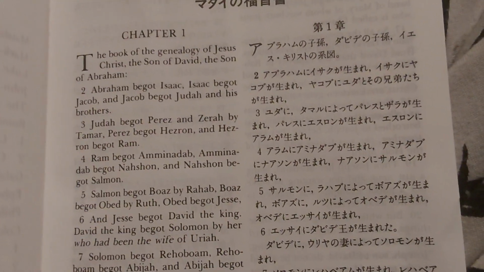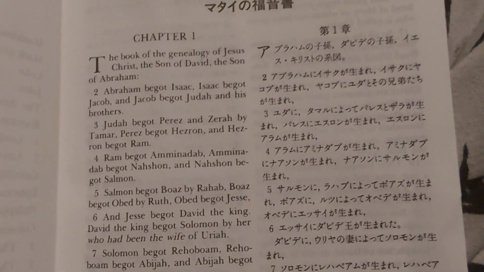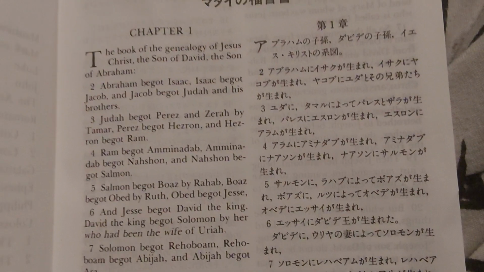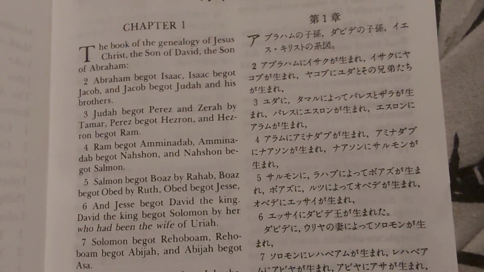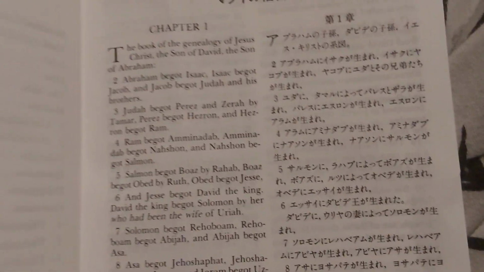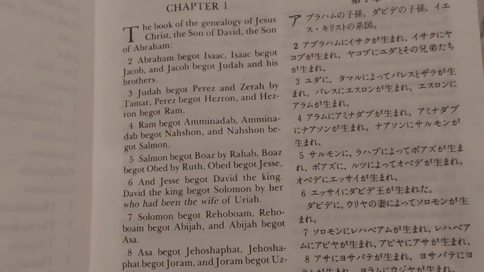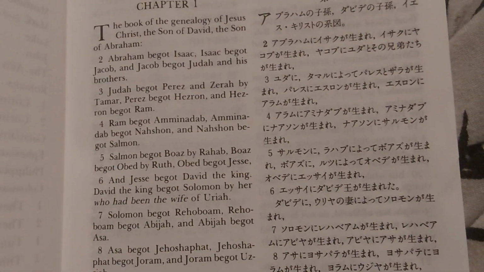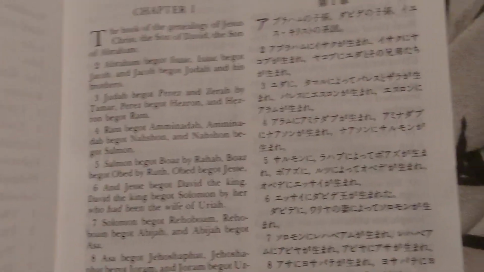Judah begot Perez and Zerah by Tamar. Perez begot Hezron, and Hezron begot Ram. Ram begot Amminadab. Amminadab begot Nahshon. Nahshon begot Salmon. Salmon begot Boaz by Rahab.